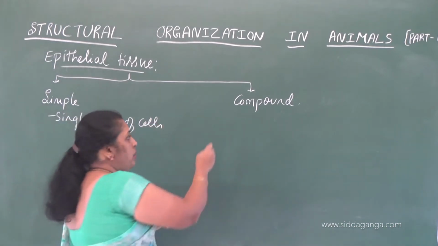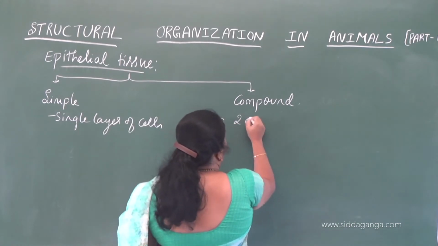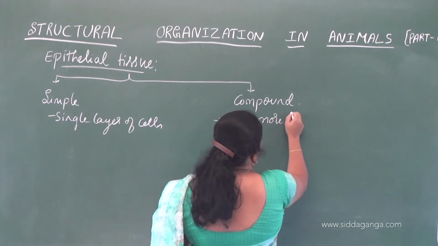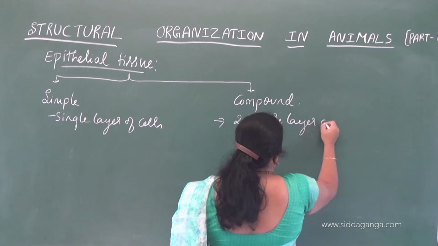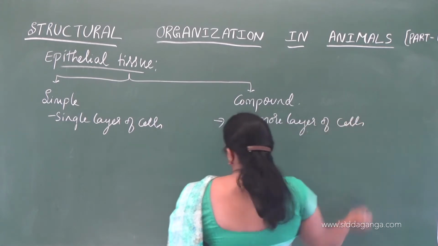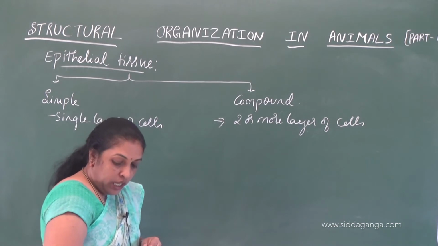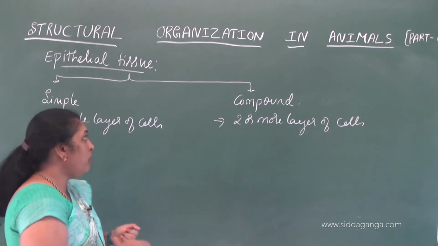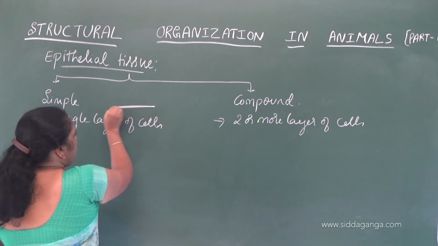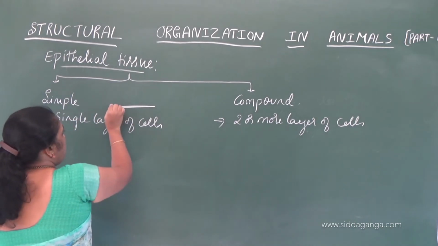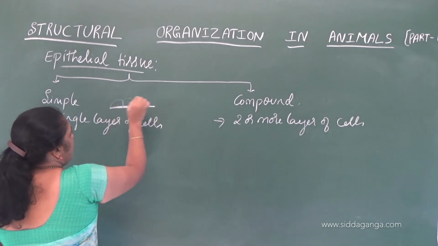Compound epithelium means two or more layers of cells. So simple epithelium means a single layer of cells lies above the basement membrane.